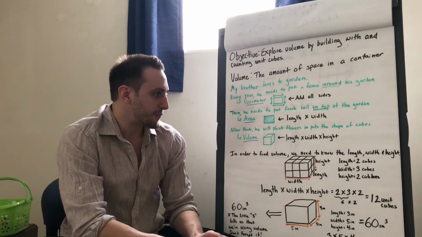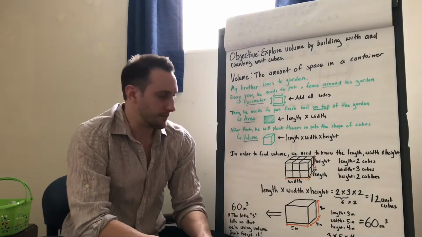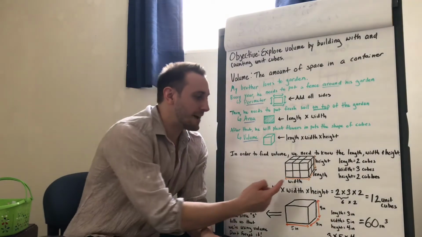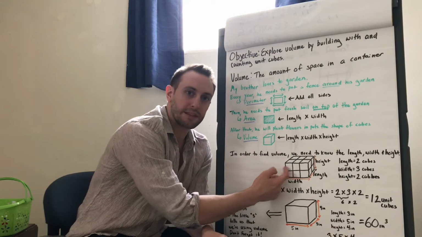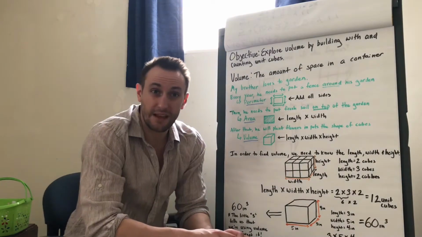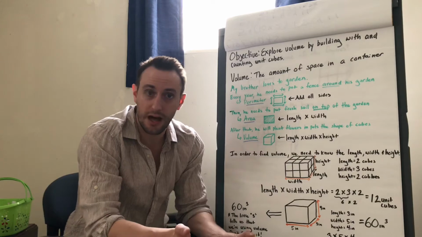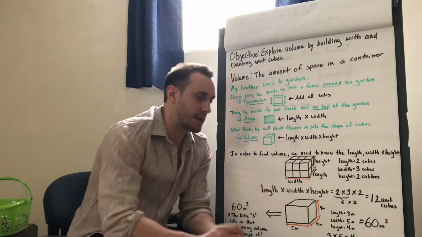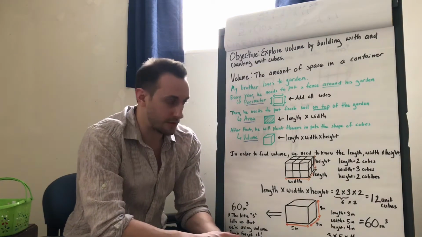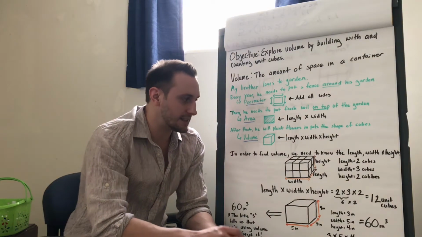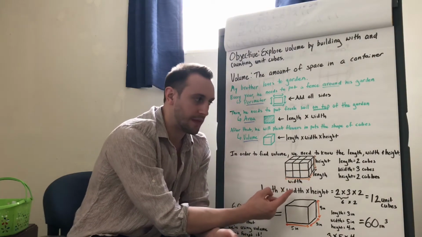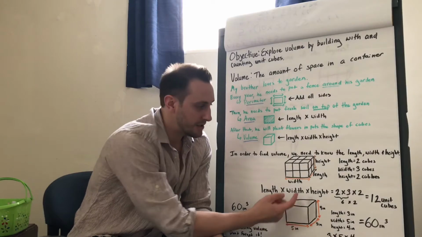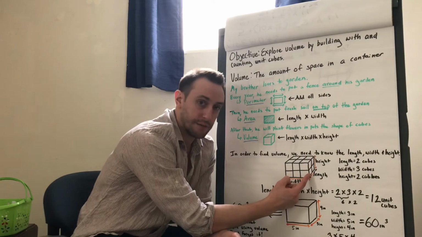So let's take a look at this right here. I have what's called a rectangular prism. A prism is another fancy way of saying three-dimensional object. So here I have a three-dimensional object, or a rectangular prism, and I can tell what the length, width, and height are by counting. First I'm going to find the length, and that's how far back it goes.